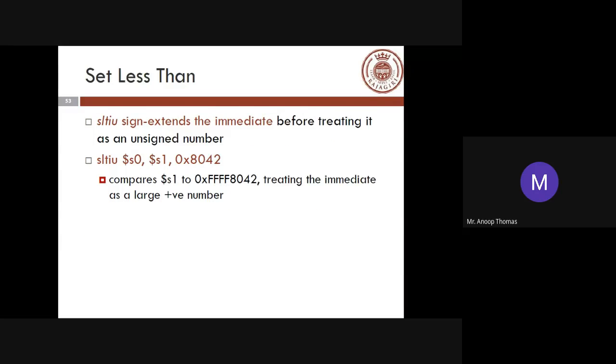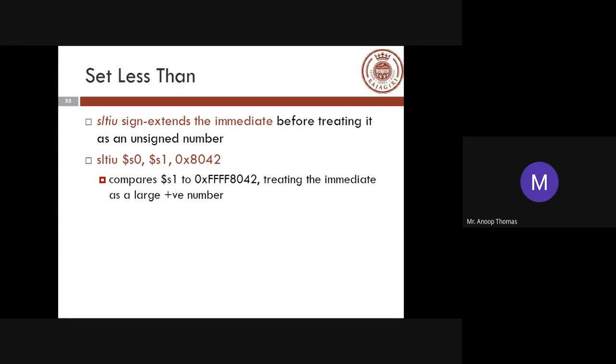Moving along. Again, when it comes to your immediate data, sign extension is very significant. When it comes to unsigned data, it sign extends the immediate before treating it as an unsigned. So it extends the sign, whatever the sign is, it extends the immediate data before treating it as an unsigned number.